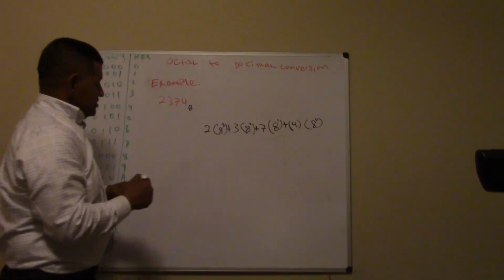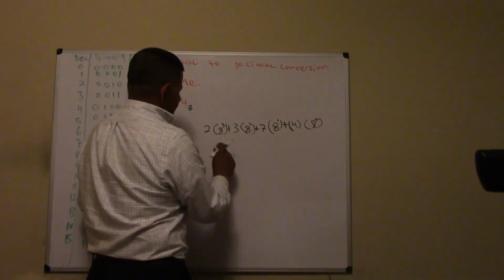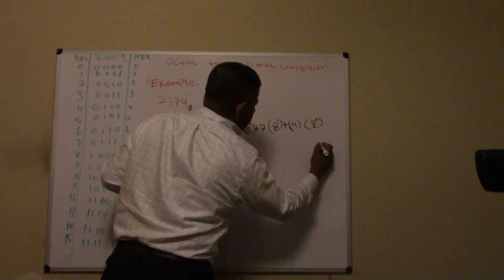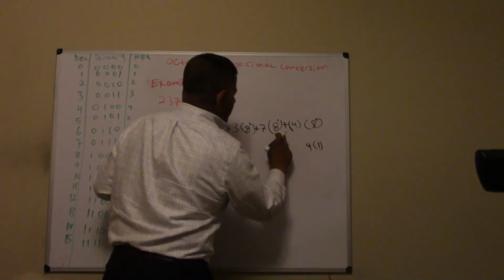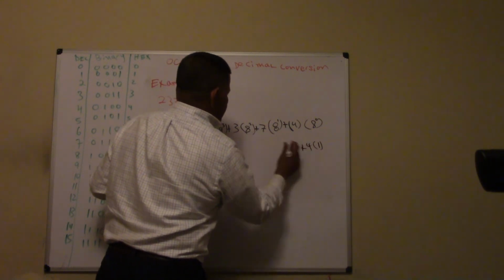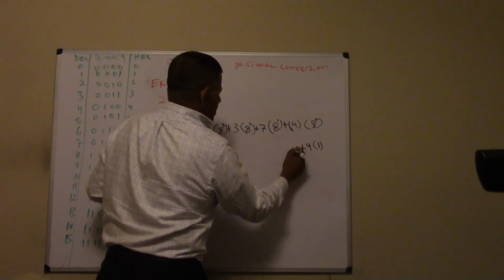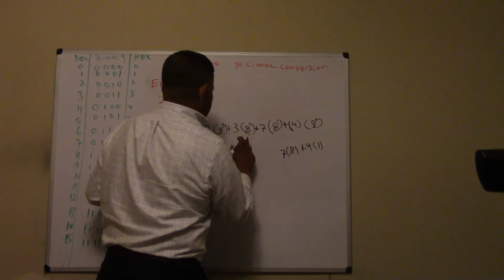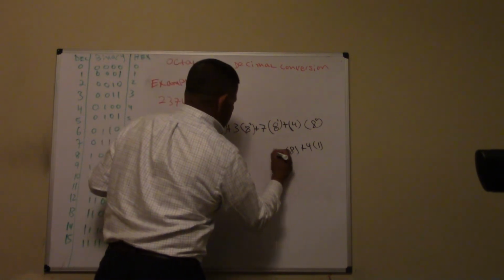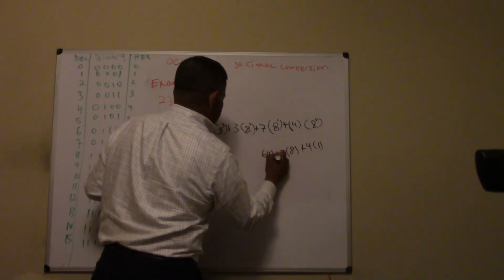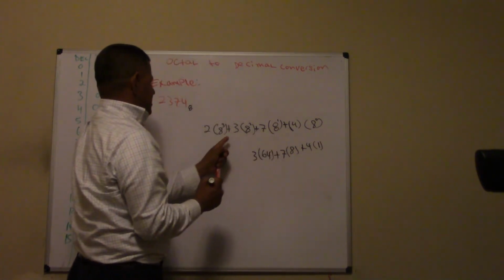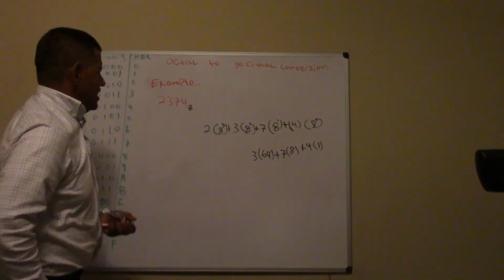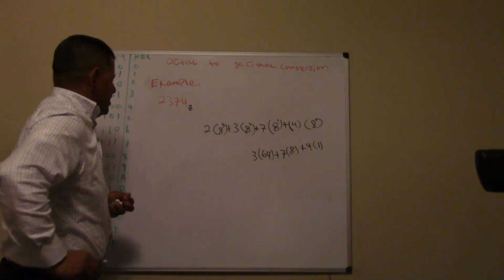So now in this case, 8 to the 0 is 1, so this is 1 times 4. Here 8 to the 1 is 8, times 7. Here it is 64 times 3. And here, I believe that number is 512.